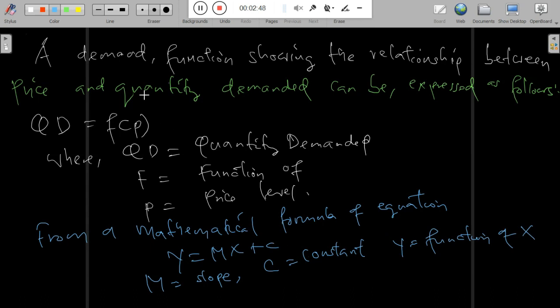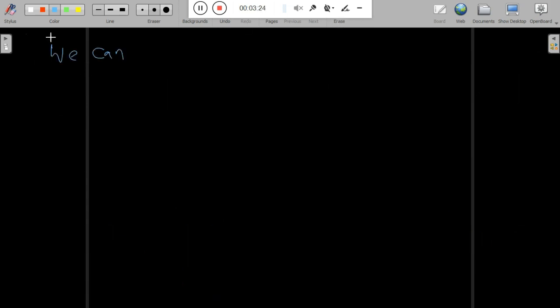So it will be better now to give more analysis of the demand function. As I told you, a demand function showing the relationship between the price and the quantity demanded can be expressed in the general form QD equals f(P). f is the function, and P is the price level.